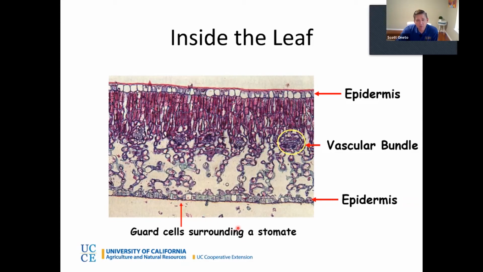And these are what we call stomates. Stomates are very specialized cells that are important for regulating what comes in and what goes out of a plant leaf. So it's regulating carbon dioxide coming in, oxygen going out, and also water going out of the leaf through transpiration.